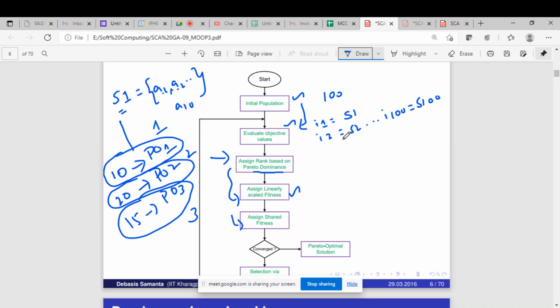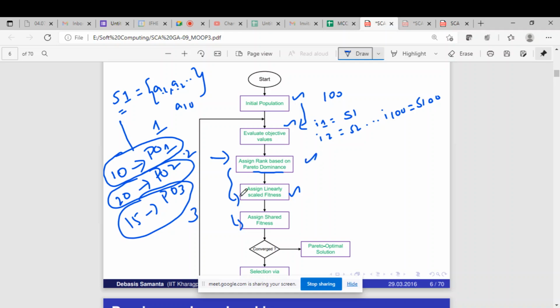From the individuals, it will identify different combinations of Pareto optimal sets, and for one particular entire Pareto optimal set it will give only one rank. So like that the ranks will be assigned. Now you are saying all these 10 are equal, so they have one rank. Similarly, all these 20 are equal, so they have some other rank. Like that we assign the rank.